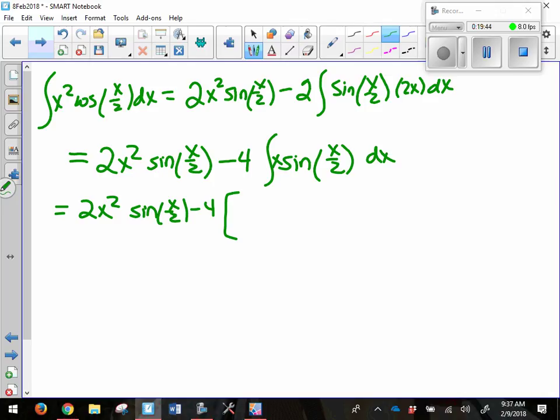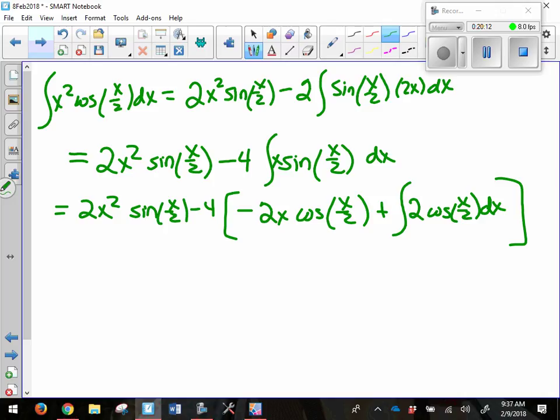I think it came from the derivative. Okay. So now I'm going to apply integration by parts to here, my u's and my dv's. So when I take uv, I get minus 2x cosine x over 2 plus the integral of 2 cosine x over 2 dx.